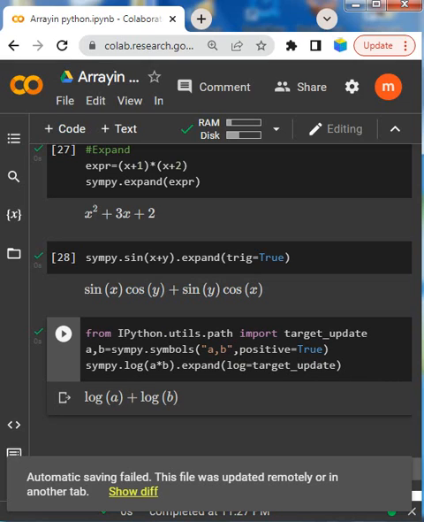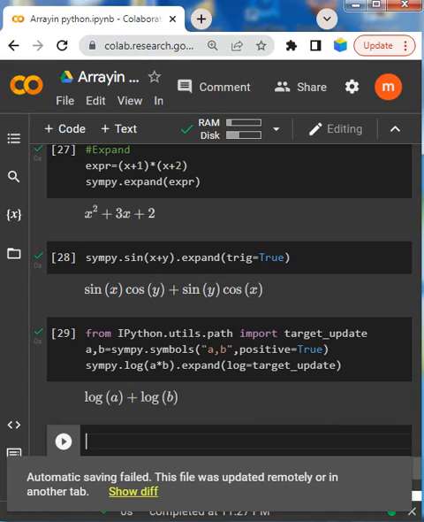Similarly, I can also write exponential form. So sympy.exp, like an exponential.